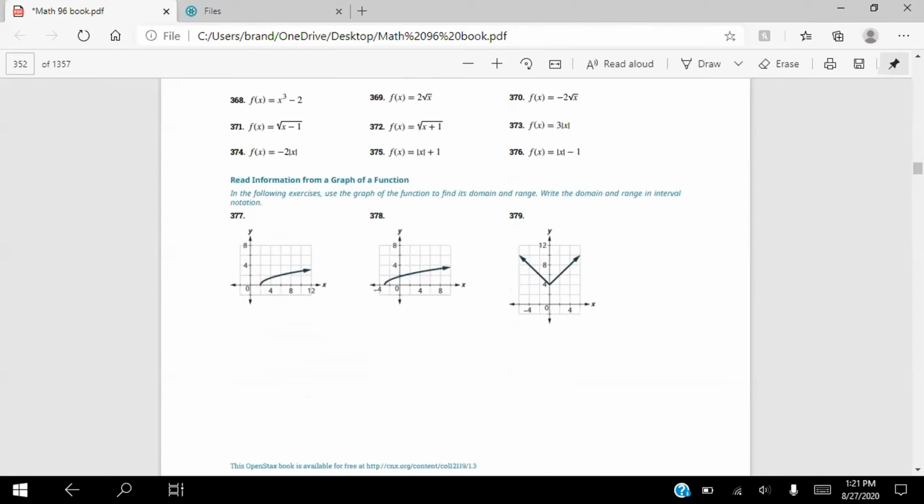a graph. So in the following exercise, use the graph of the function to find its domain and range. Write the domain and range in interval notation. So for the domain, we'll have 1, comma, infinity.